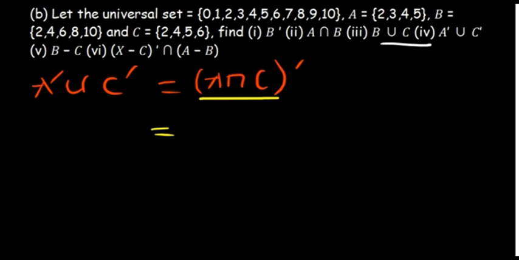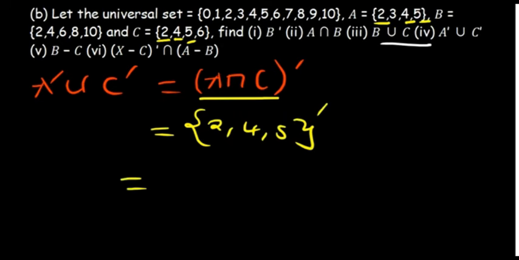So for the A intersection C, you need to look at the elements that are common in A and C. I can see that 2, 4, even 5 is also common. So 2, 4, and 5 are the common elements in A and C. Now the complement of it would mean that you exclude these 3 elements from the universal set.